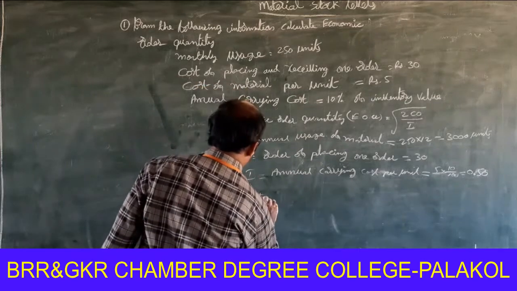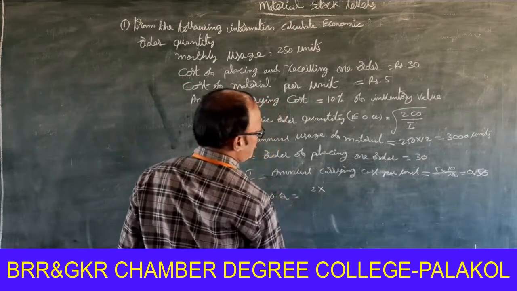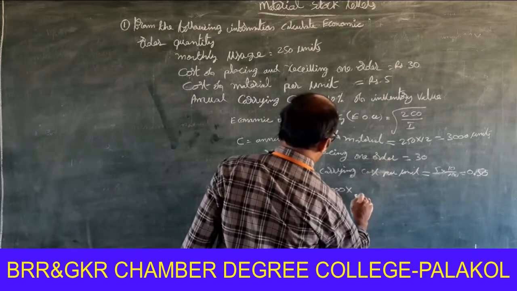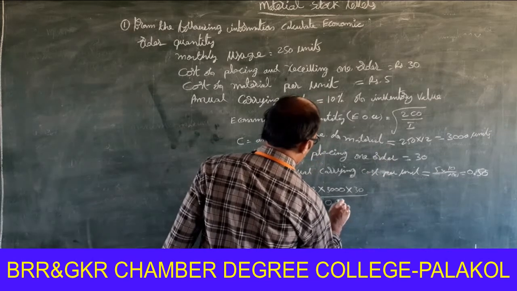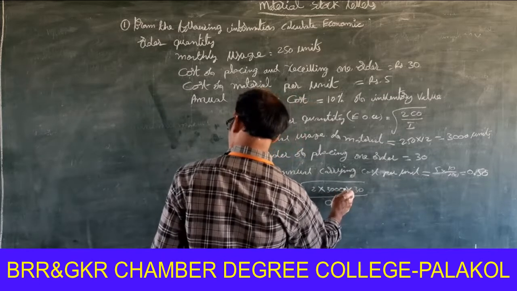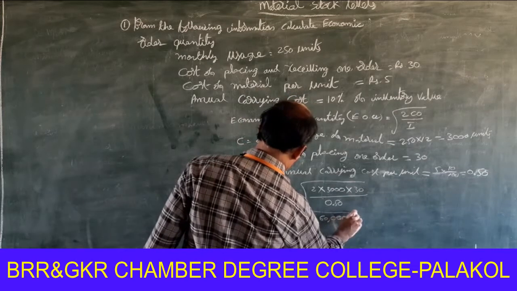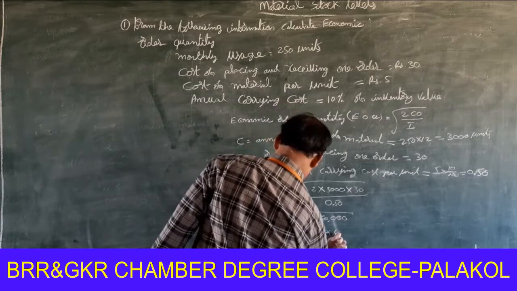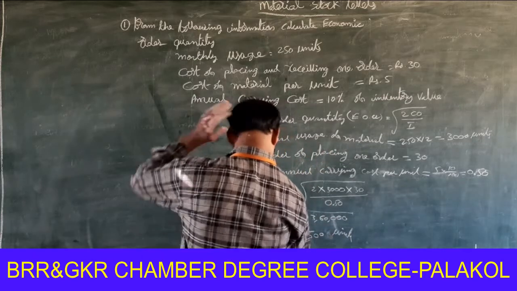So EOQ is equal to the root of 2 into 3000 into 30 by 0.50, that is the root of 3,60,000, so it is 600 units.